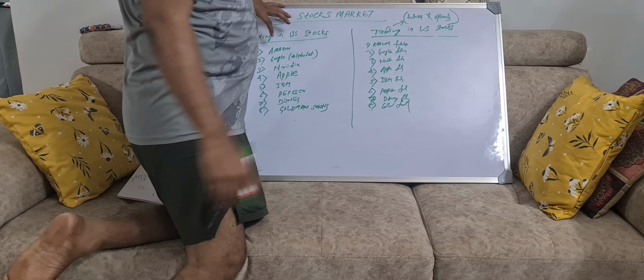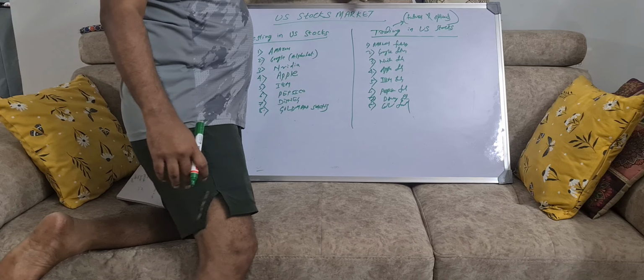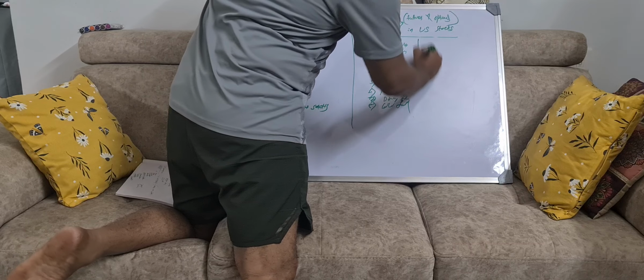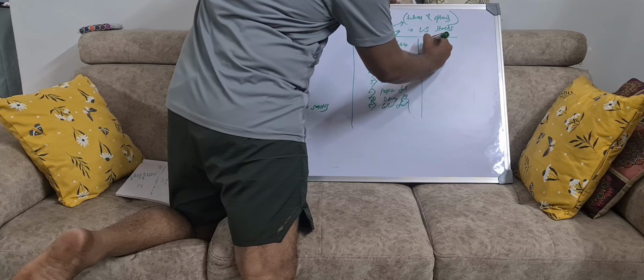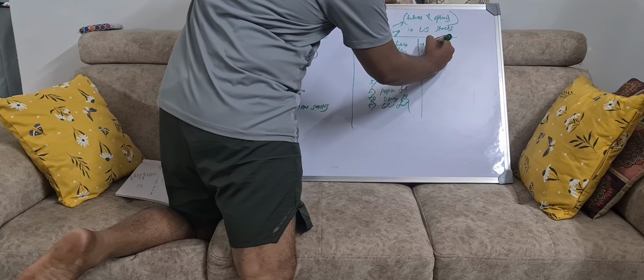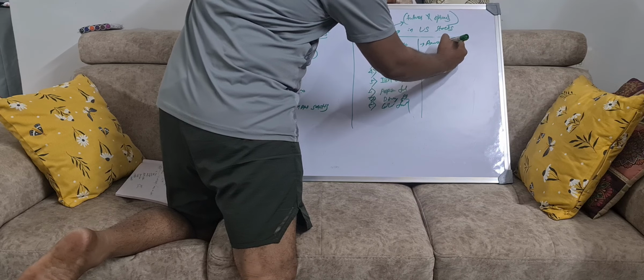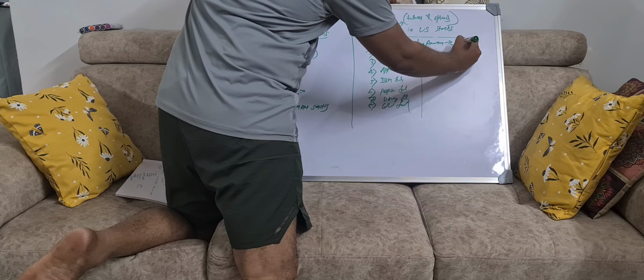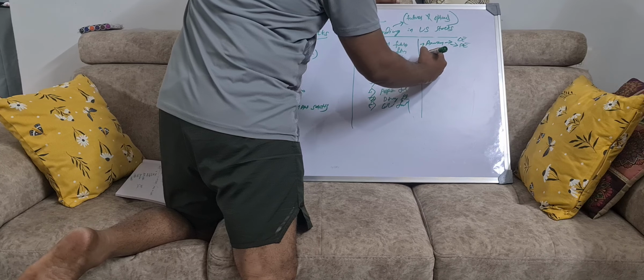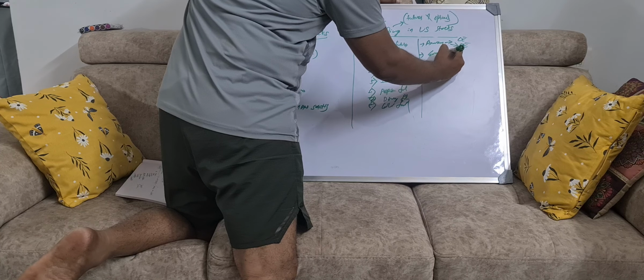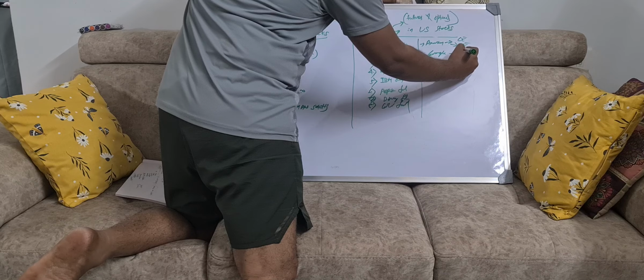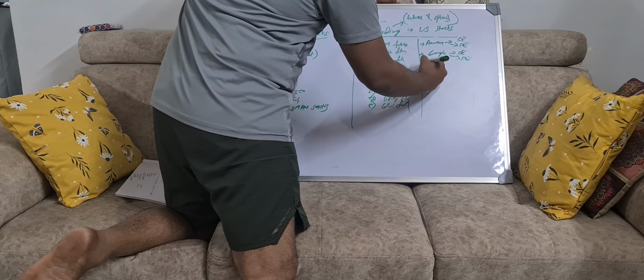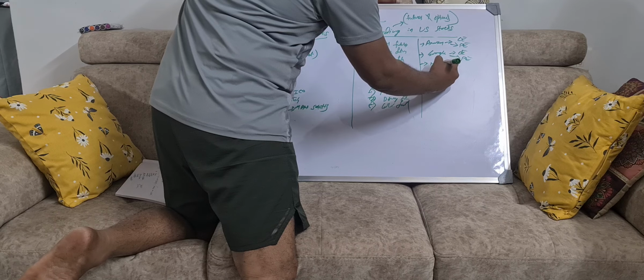Every stock will have corresponding trading values. Let's say if anybody wants to trade with options, Amazon will have call and put, Google will have call and put, Nvidia will have call and put.